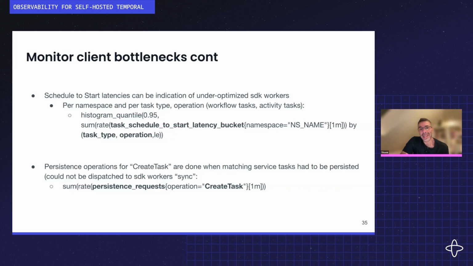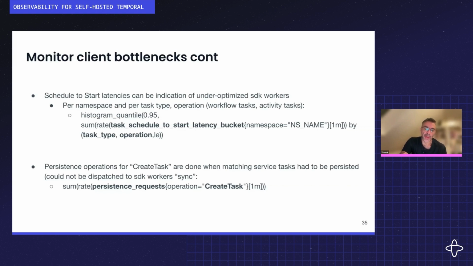The larger these latencies are, it could be an indication of an under-optimized SDK worker deployment that's not able to pick up those workflow or activity tasks right away. The metric for that is task schedule to start latency. You can filter it by namespace, and also by task type and operation, which will be either workflow task or activity task.